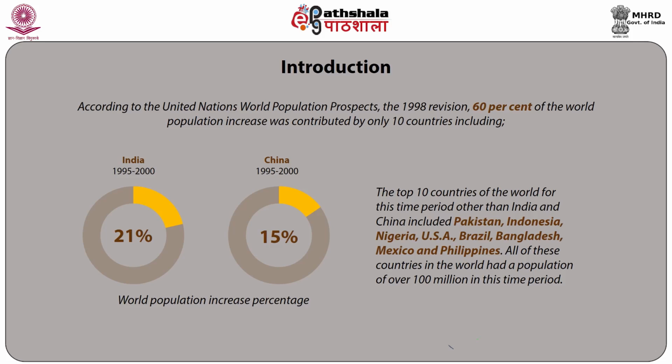The top 10 countries of the world for this time period, other than India and China, included Pakistan, Indonesia, Nigeria, USA, Brazil, Bangladesh, Mexico, and Philippines. All of these countries in the world had a population of over 100 million in this time period.